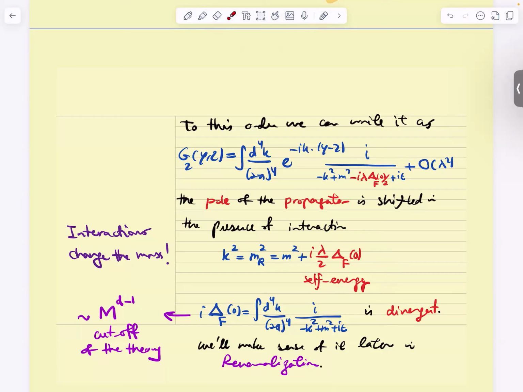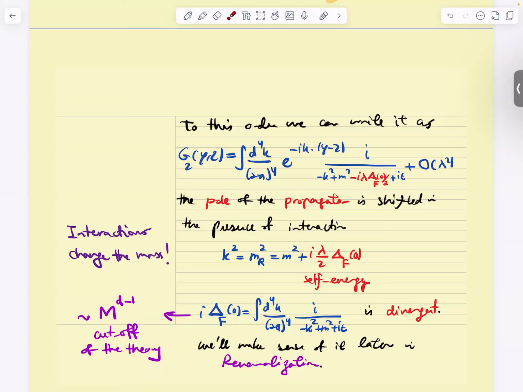If you had lambda phi cube, could you get a first order correction to the mass? If you think integrals, that might be a headache, but diagrammatically, it's pretty obvious you cannot, because your vertices will have only 3 lines. First order correction means a vertex and 2 lines.